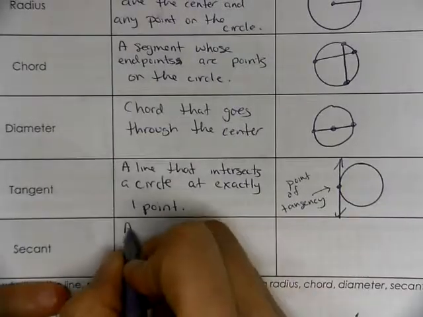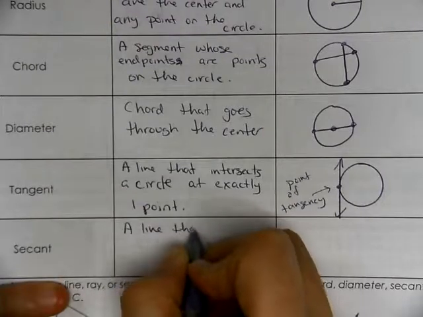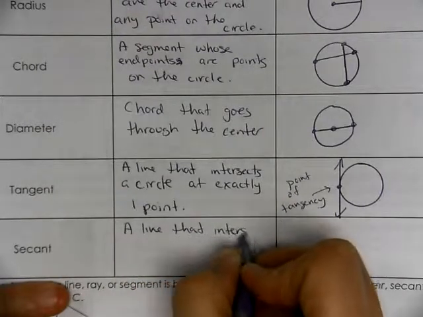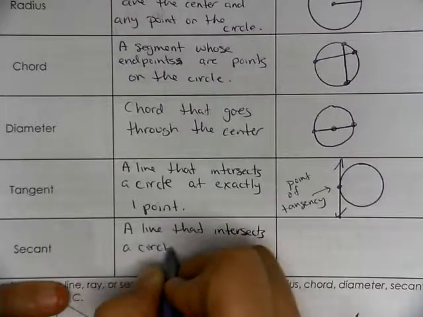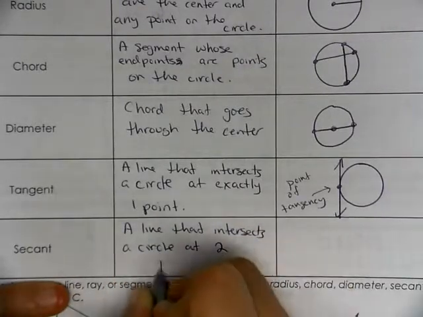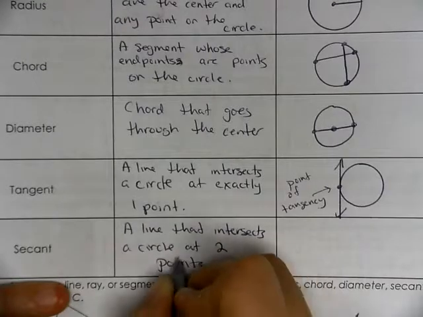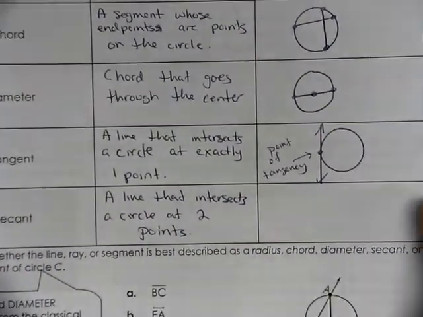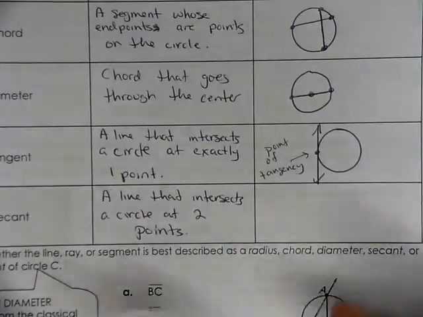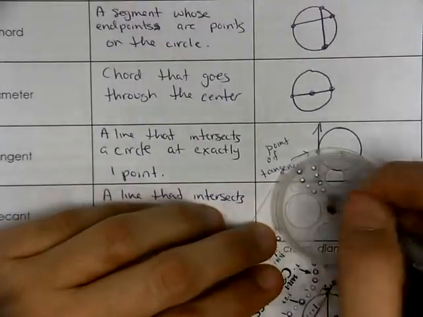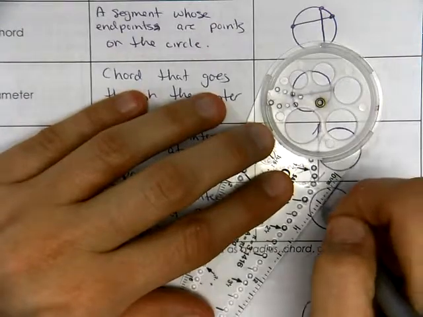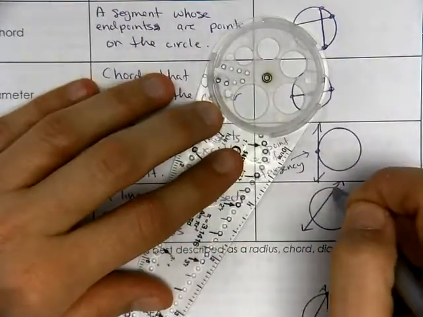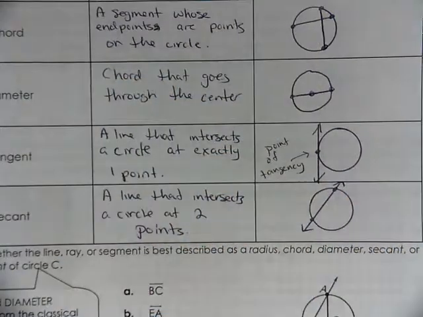So a line that intersects a circle at 2 points. So a secant is just a chord that's a line. And again, it doesn't necessarily have to go through the center.